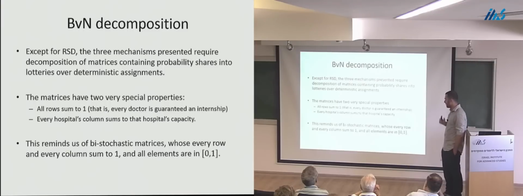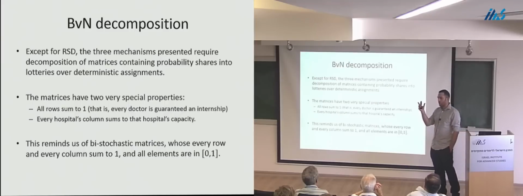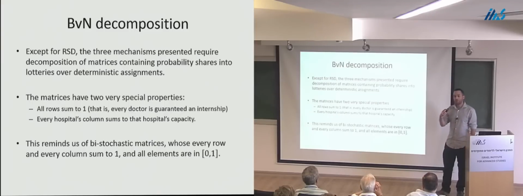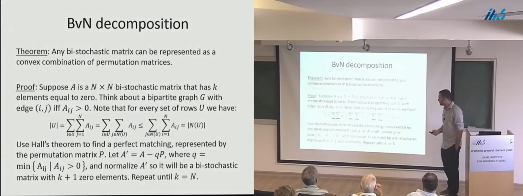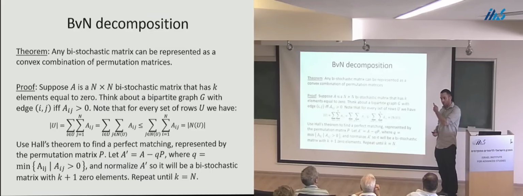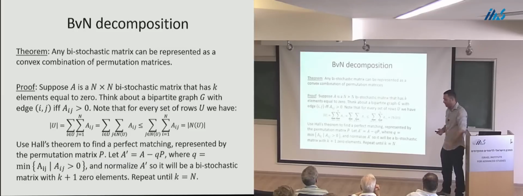This reminds some of us of bistochastic matrices, in which every row and every column sum to 1. So we're going to state the theorem about bistochastic matrices. The theorem is that any bistochastic matrix can be represented as a convex combination of permutation matrices. Permutation matrices are the valid deterministic assignments, the 1s and 0s.